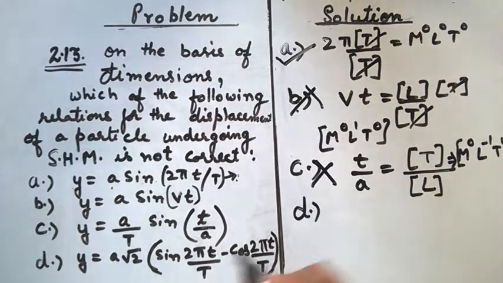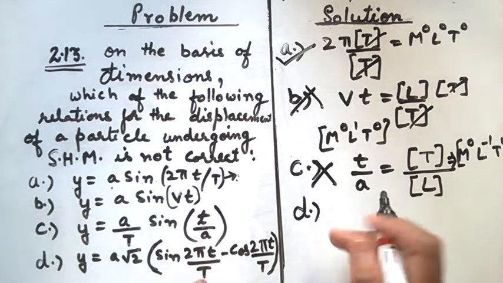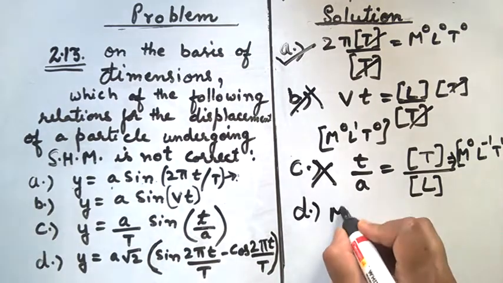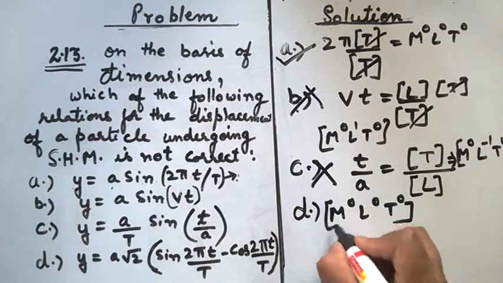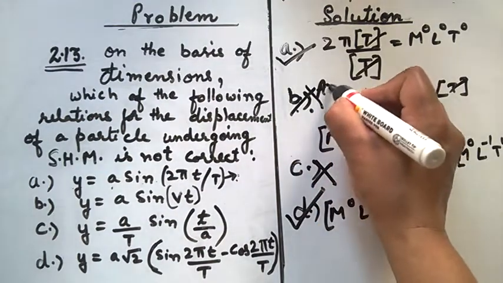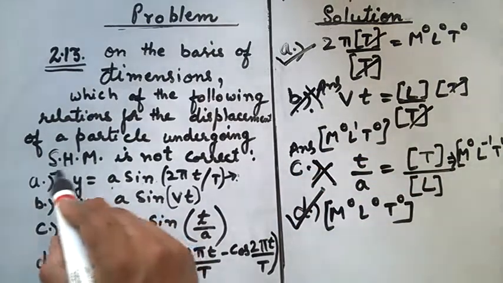Next is 2 pi t by T. The dimensions will be cancelled out, here also t and T. So we get M0 L0 T0. This is the equation of SHM. So our answer is B and C are not following SHM equations.